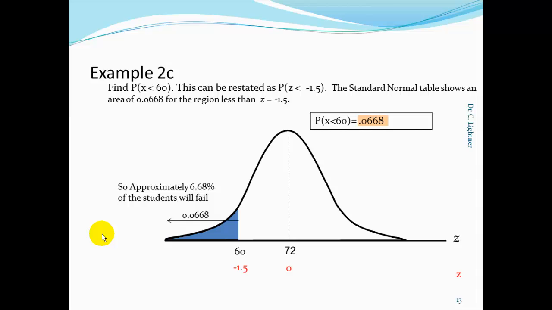If we look up the z-score negative 1.5 on the standard normal table, we will see that negative 1.5 has an area to the left of it which is equal to 0.0668. Therefore, the probability that a student fails the exam, or the probability that X is less than 60, is equal to 0.0668.